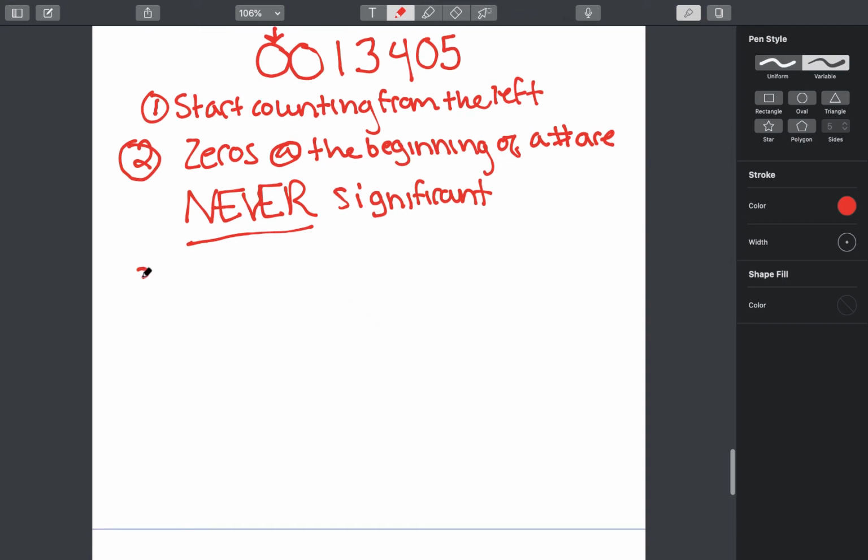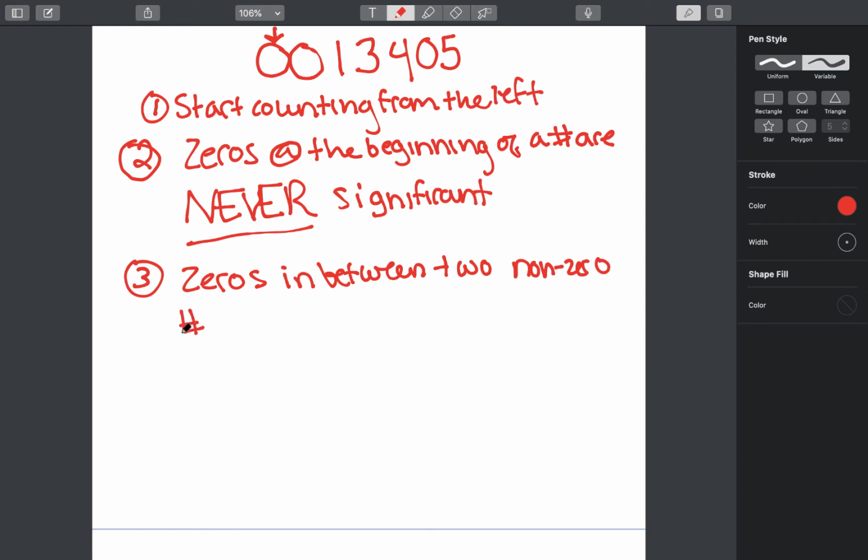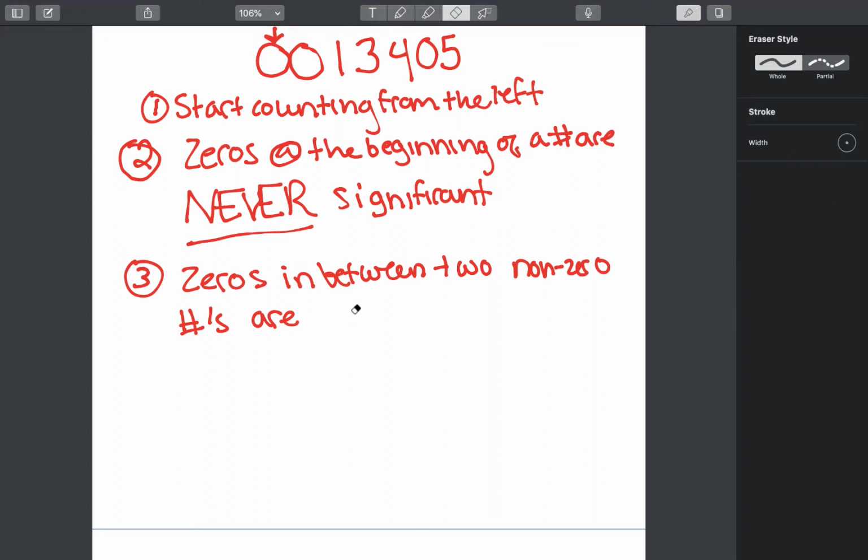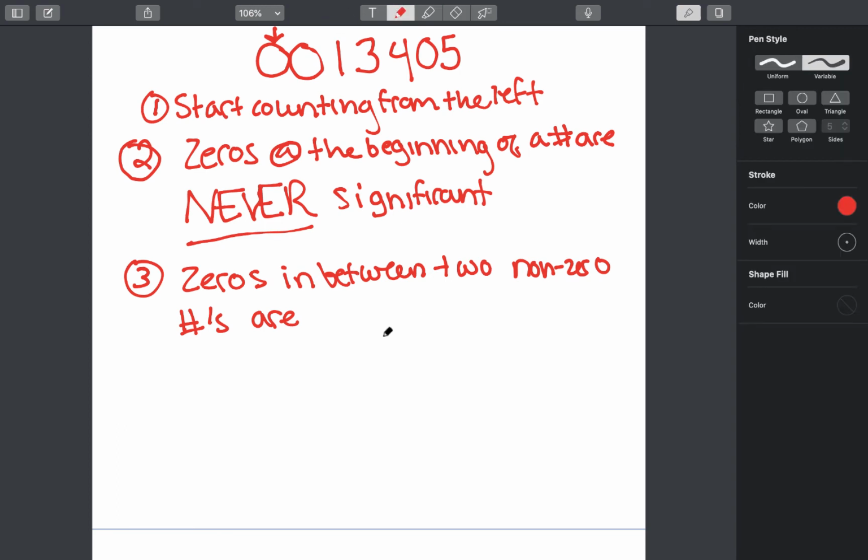However, zeros in between two non-zero numbers are always significant.